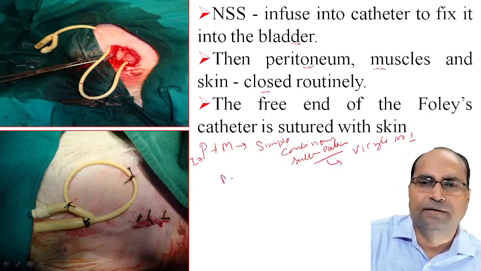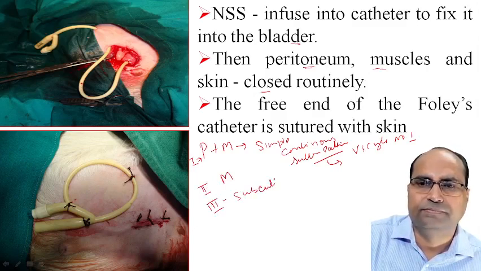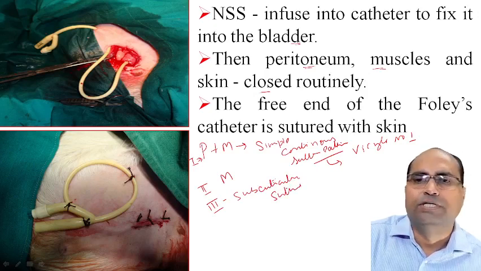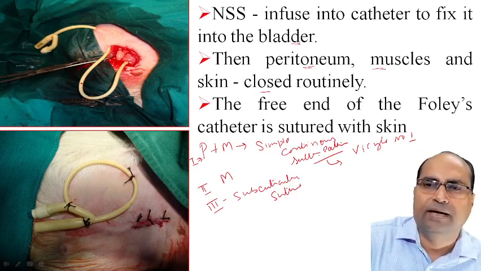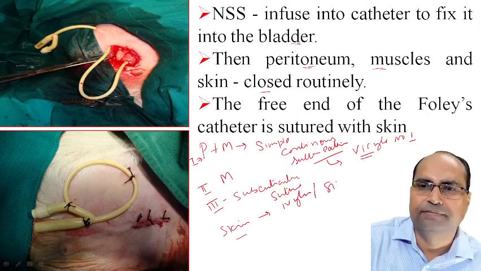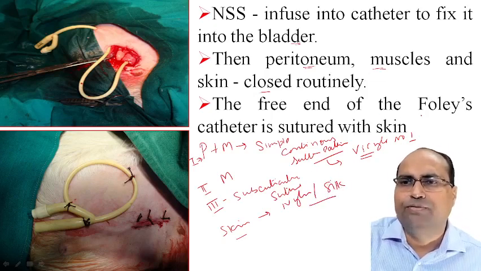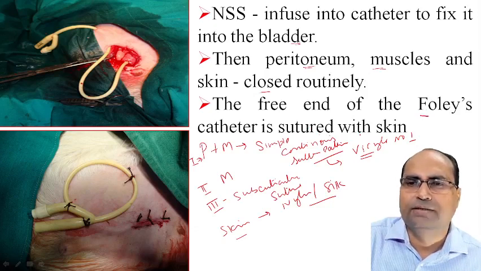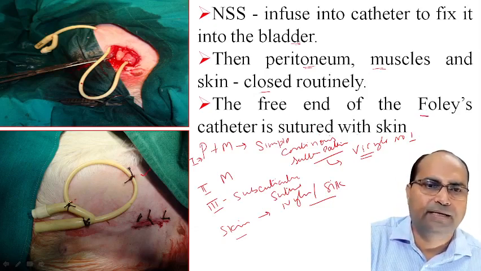In the second layer, muscles. In the third layer, subcuticular suture. Subcuticular sutures are using number 1. Then on the skin, using nylon or silk. The free end of the Foley's catheter is sutured with the skin like this.